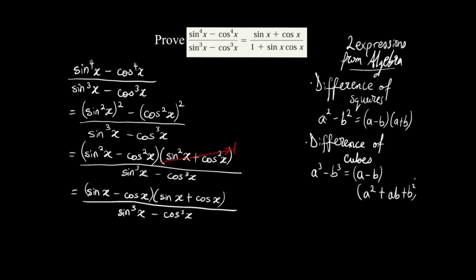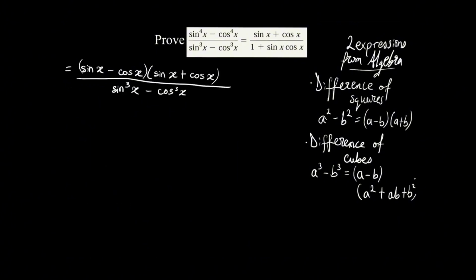At this point, I think we are done with the numerator, and can now manipulate what we have in the denominator. So our denominator is a difference of cubes because of the 3 we have there.